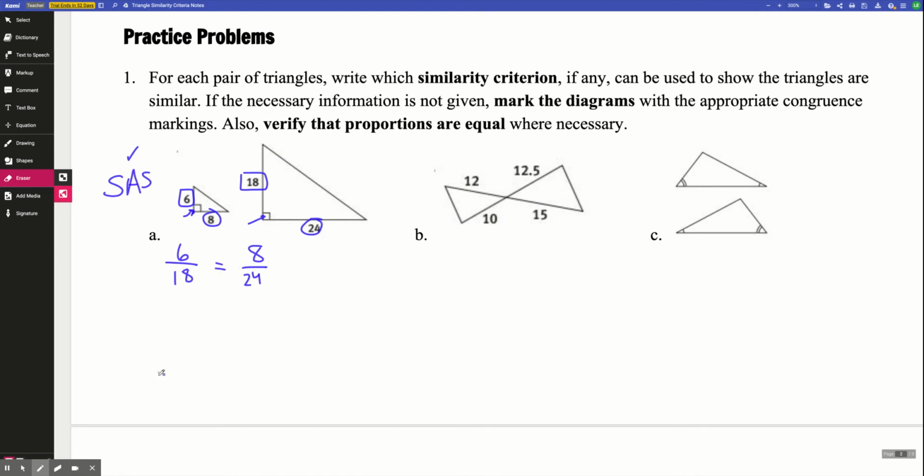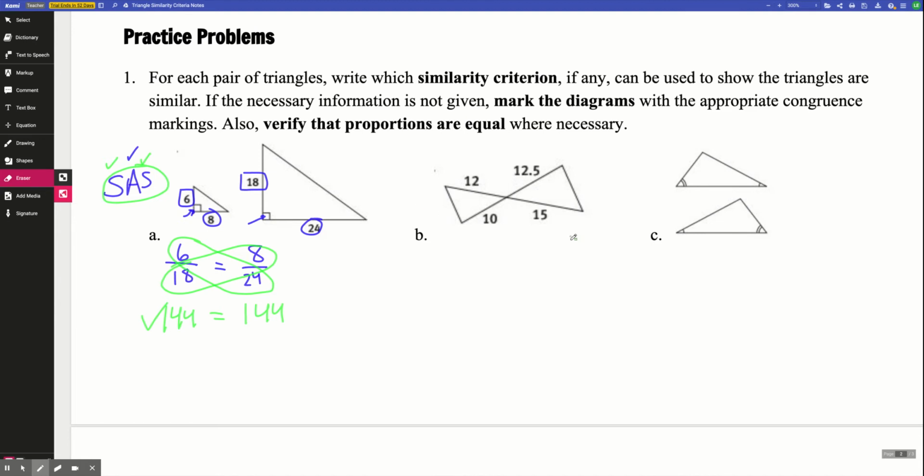I used the reduce fraction method a lot in the last video, so I'm going to use cross multiplication here. 6 times 24 is 144, and 8 times 18 is also 144. So check, those are good. I've checked my sides off, so I can say these are similar by SAS.